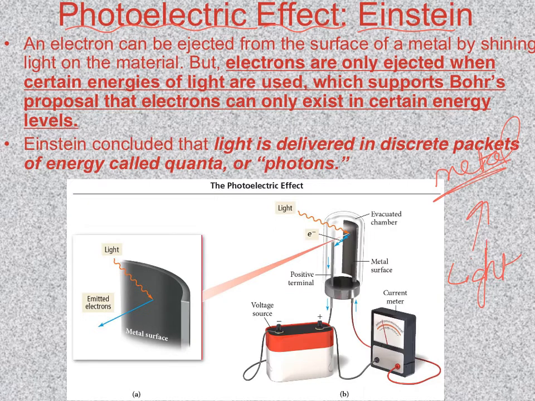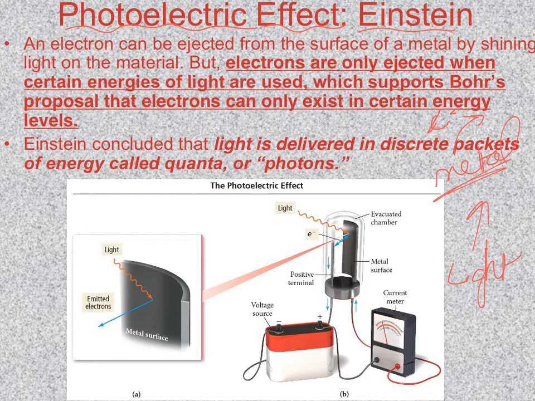And when the light had a certain energy, and only when it had a certain energy, electrons would get displaced from the metal. But if he had a light that wasn't enough energy, no matter how long he shined it on the metal, he could not eject any electrons.